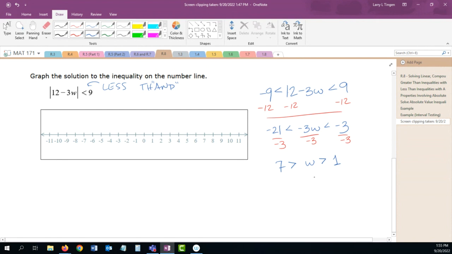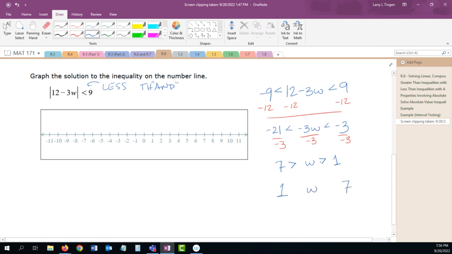Whenever the inequalities get flipped like this, it's always helpful to flip everything back in the way you're used to. What we're used to seeing when we have an "and" situation is a number less than or equal to the variable less than or equal to some number. So if I wanted to switch the directions without changing anything mathematically, I'm going to start at 1 and then W and then 7.